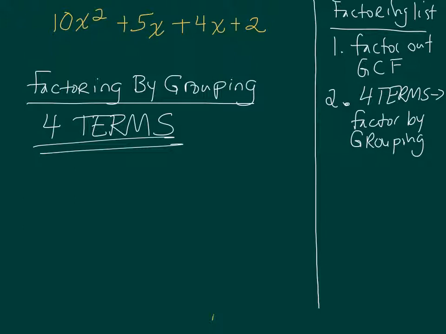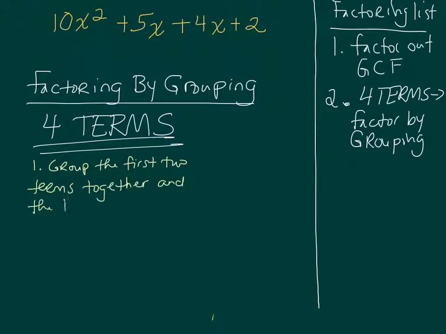I know that normally we would combine those to make this as simple as possible, but alright, the first step of factoring by grouping is to group the first 2 terms together and the last 2 terms together. That's why it's called factoring by grouping.